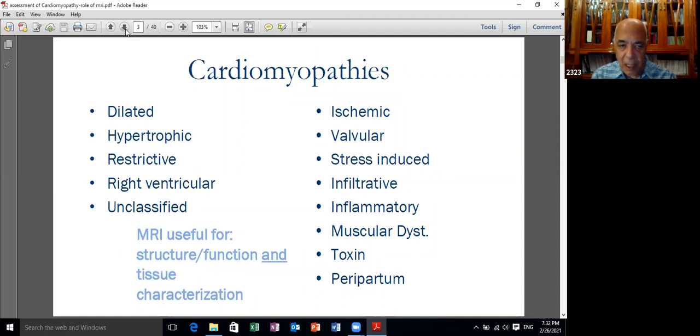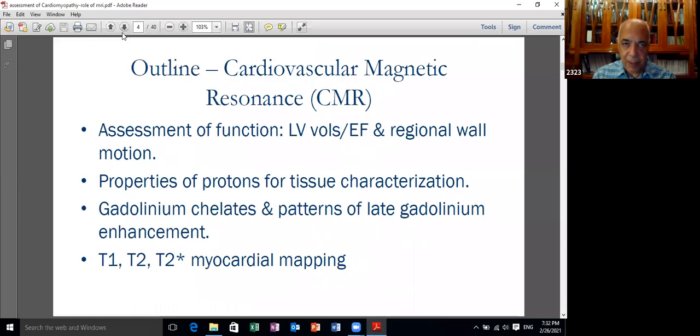Probably MRI has a unique capability among other investigations in cardiology to diagnose both aspects of cardiomyopathy, the etiological aspect as well as the morphological aspect. So this is the subject of tonight. And in the discussion, we can move to other areas of CMR if time allows.